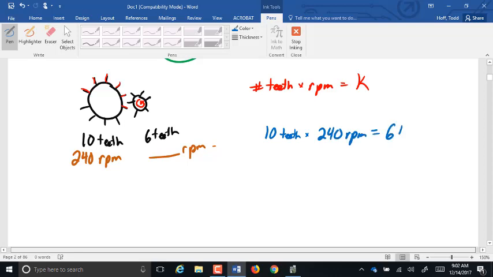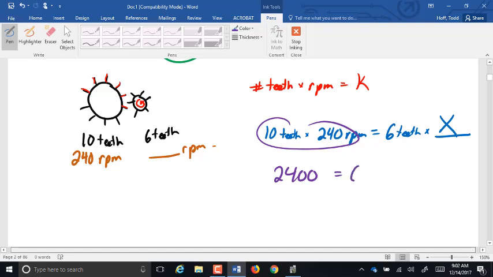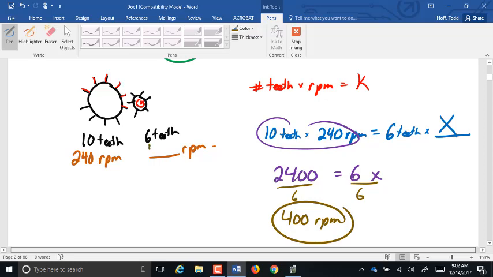That has to equal 6 teeth times that RPM, we'll call that X. Well, 10 times 240 is 2,400. We solve for X by dividing by the 6. That would be running at 400 RPM. Make sense?